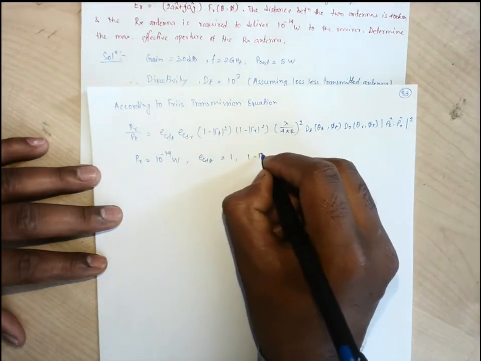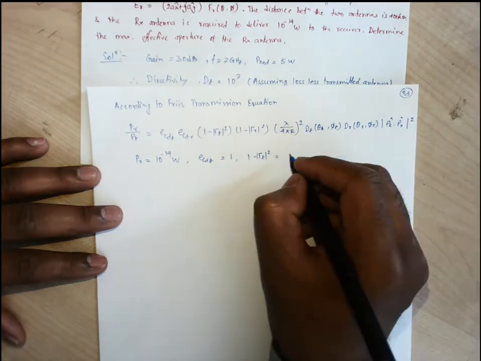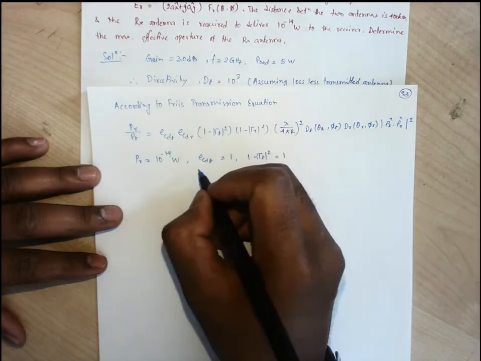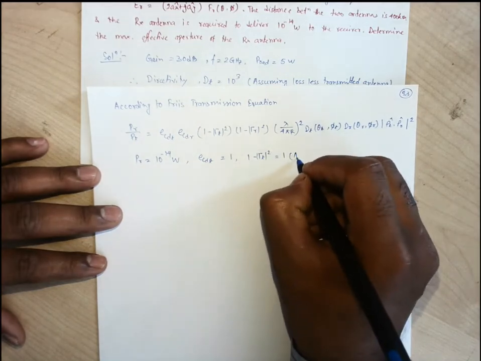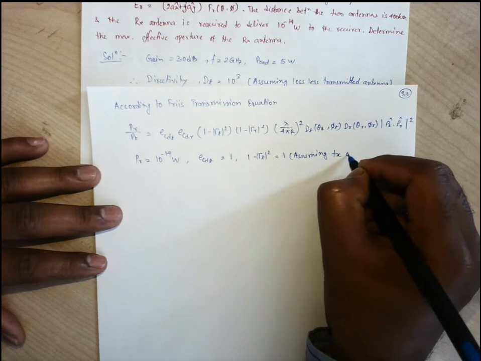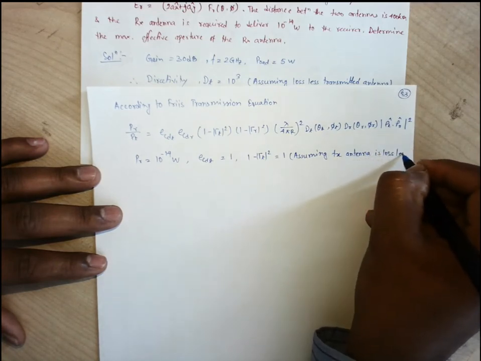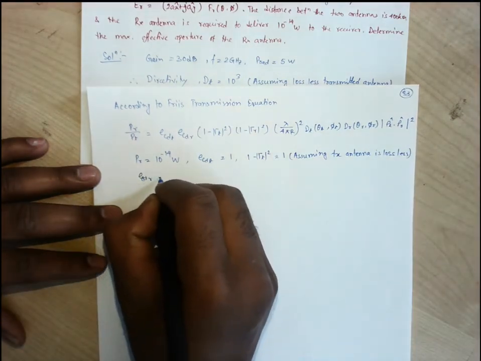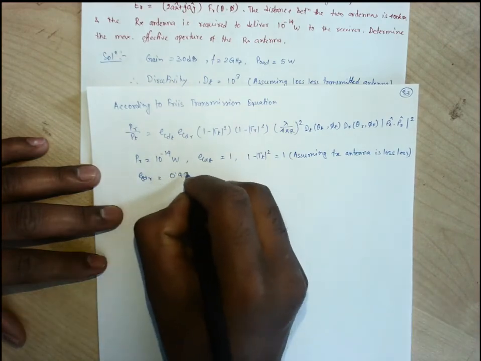We should consider 1 minus gamma_T squared as 1, since the transmitting antenna is considered lossless. Assuming the transmitting antenna is lossless, e_cdR has been specified as 95% efficient, so we can write it as 0.95.